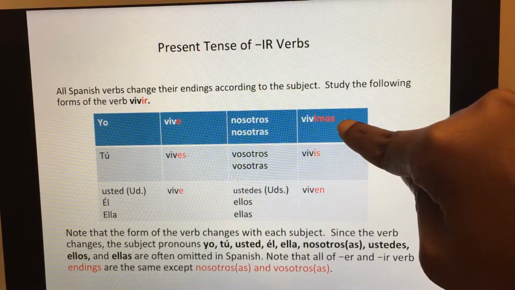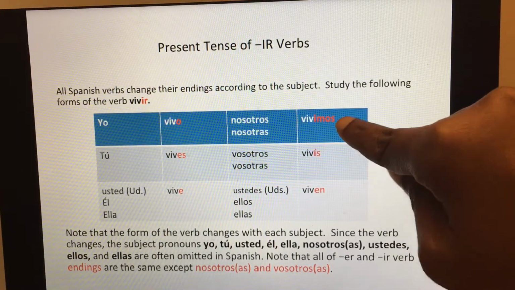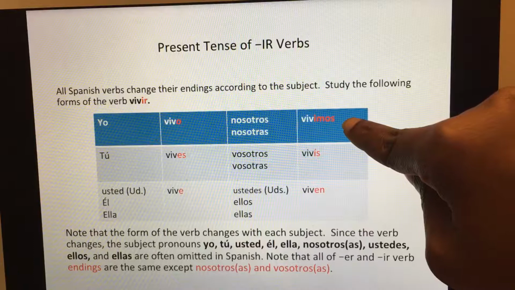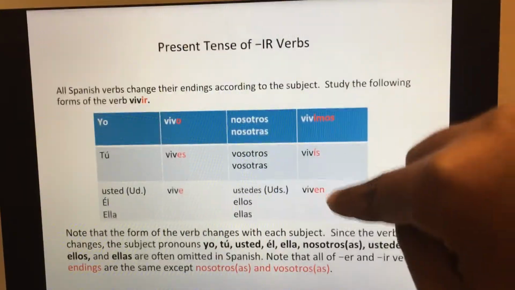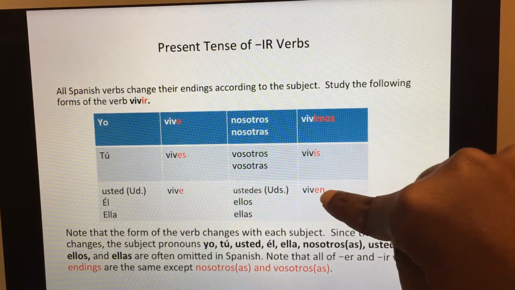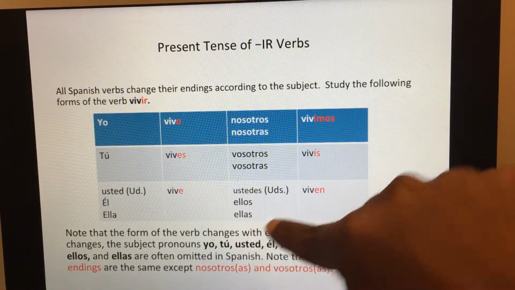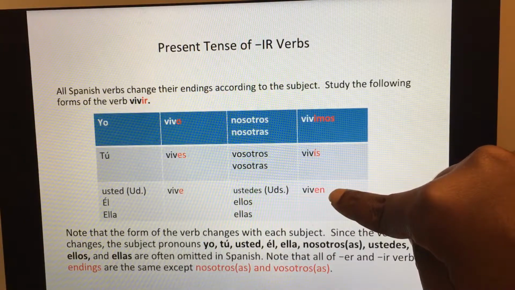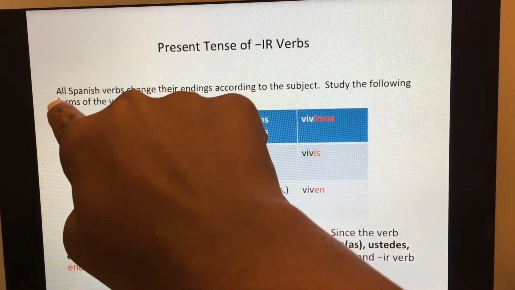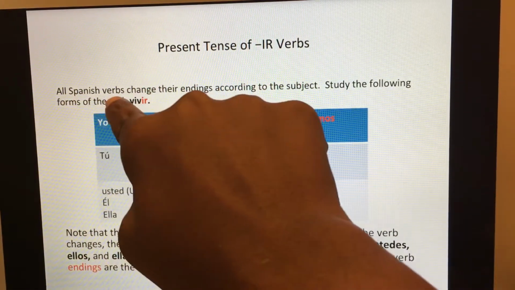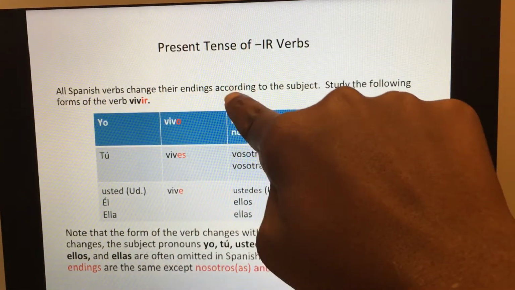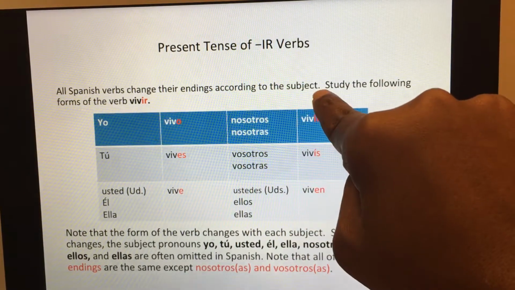Vivimos. The ending here is I-M-O-S. Vivimos, we live. Ustedes viven, you all live. Ellos, ellas viven, they live. Remember, all Spanish verbs change their endings according to the subject.